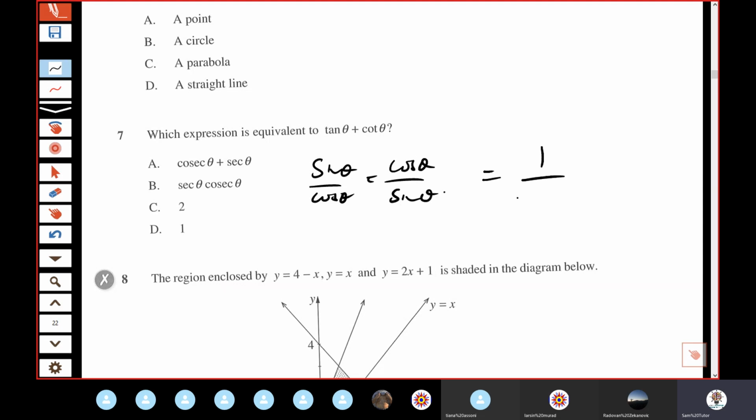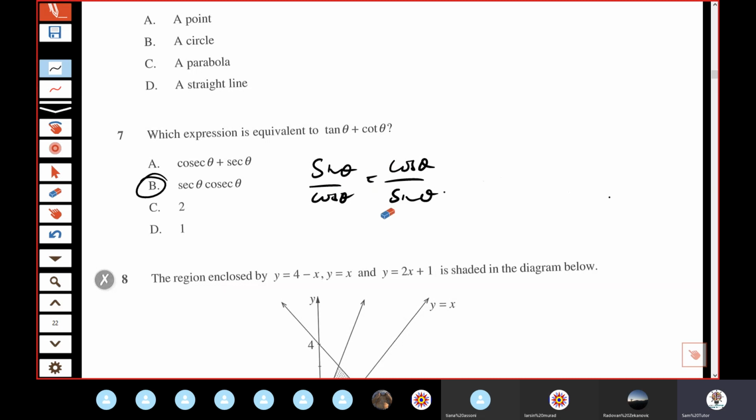Yep, I'm happy with that. 1 over cos theta sine theta. Sine squared plus cos squared equals 1, on, and then you've got cos and sine still, which becomes sec cosec. Was that too fast? Yes.